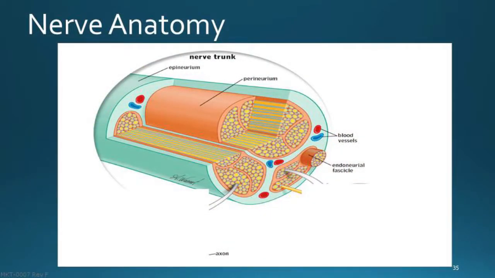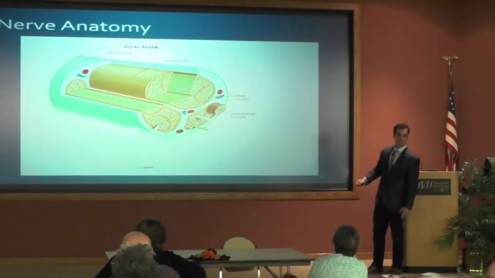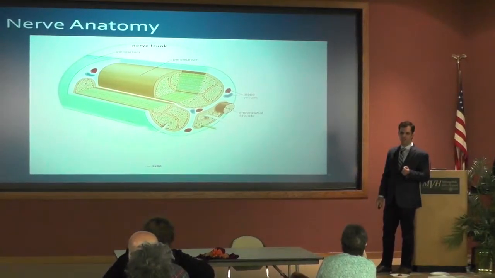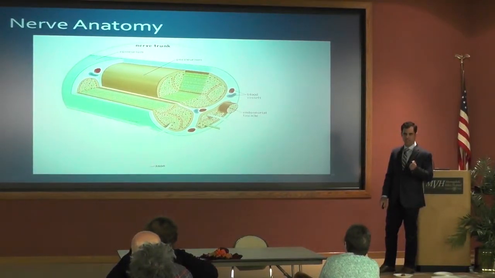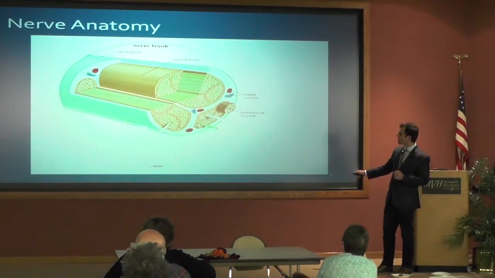A little more about how this works. This is a nerve. It's wrapped in this green tissue. It's a connective tissue. The base unit of a nerve is called an axon. The signal from that nerve travels down the axon. This is yellow thing shown here. It's shown in all these circles.